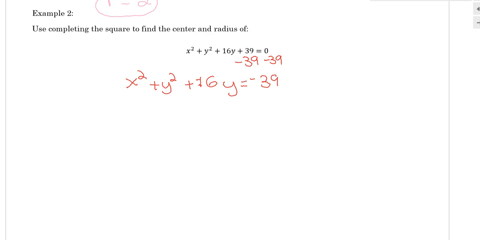Again, now I have a y term, so I want to put my y's in parentheses. Y squared plus 16y plus blank equals negative 39 plus blank.